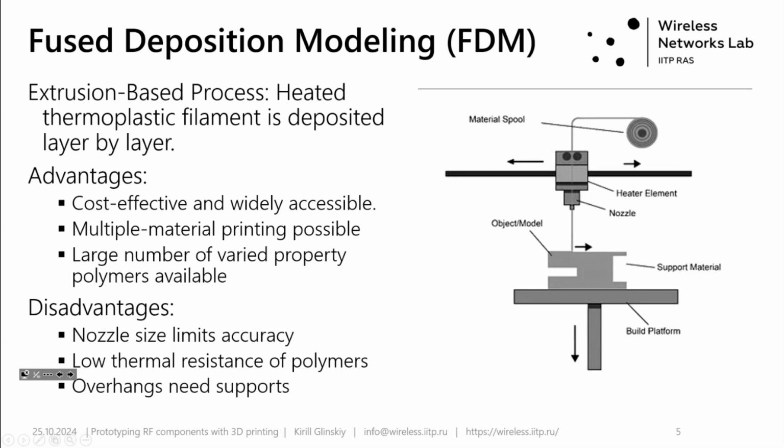So we extrude a thin line of material and layer by layer complete the detail. It's probably the cheapest one, with printers costing below a few hundred dollars and filaments a few dollars per kilogram.